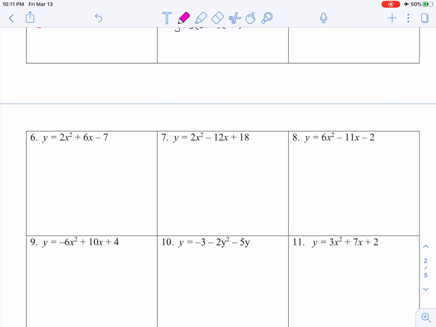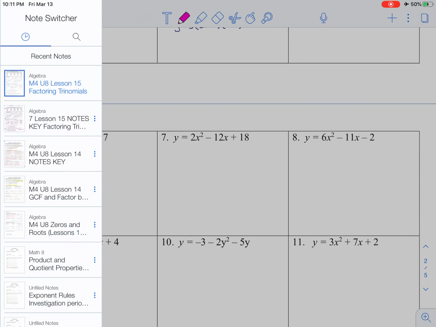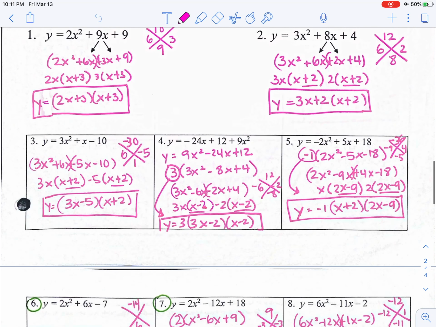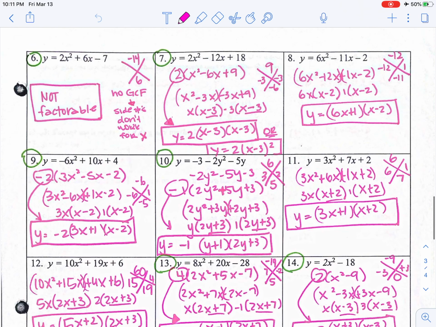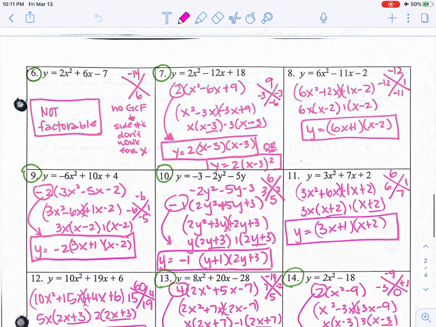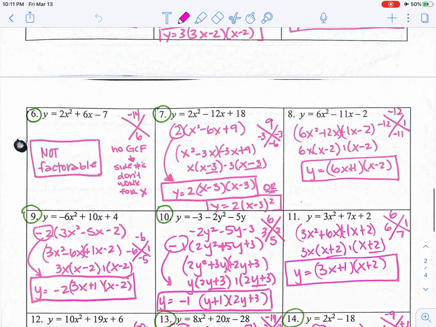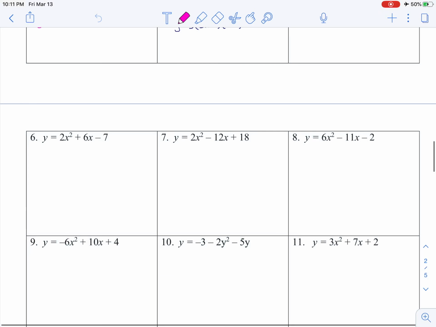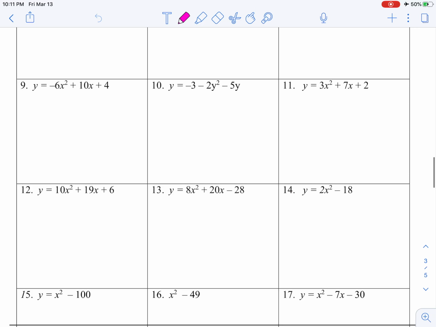No, 6 through 11. Okay, so without giving away the next answers, here are the answers to 6 through 11. Okay, let's come back to this.